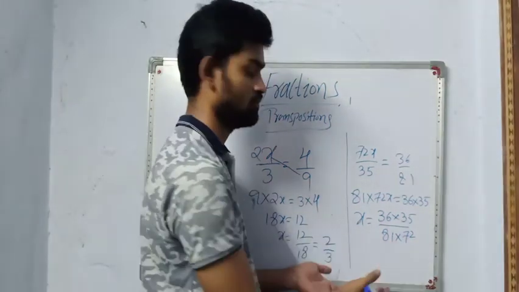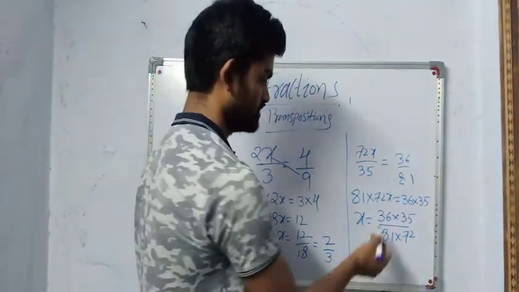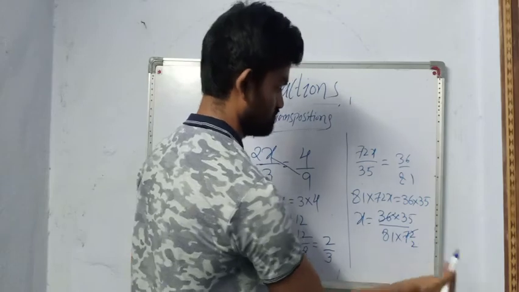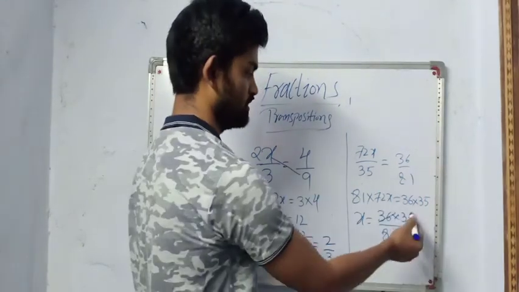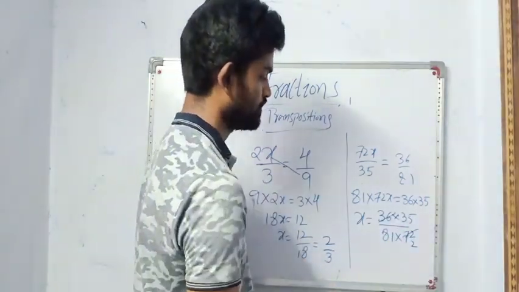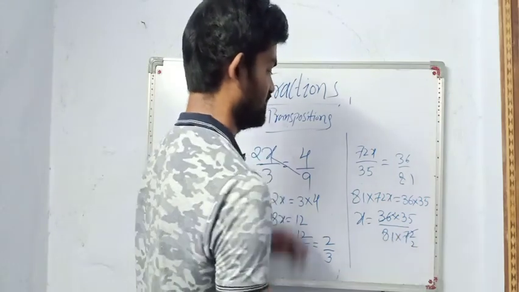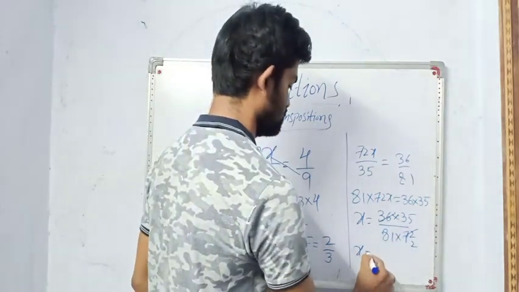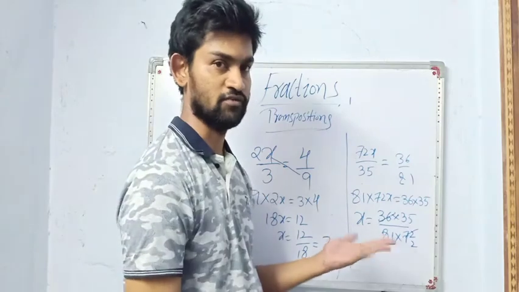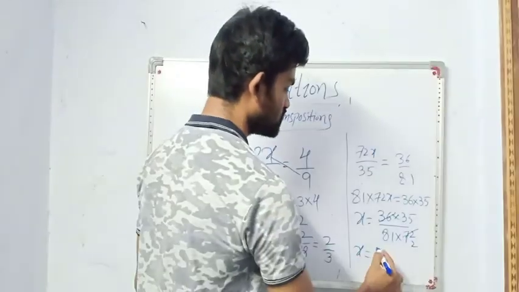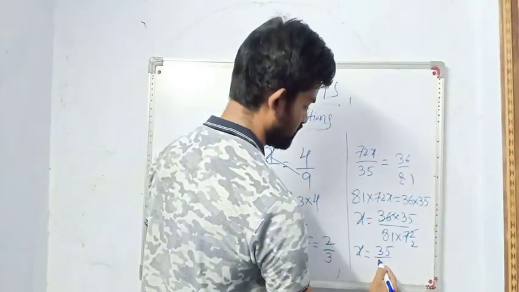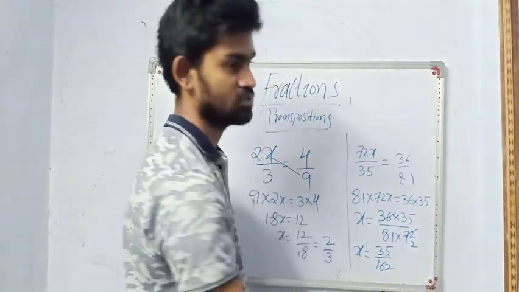Now this division becomes easy. See, 36 ones are 36, 36 twos are 72. Now you can divide 35 and 81 if they go in any table. If not, you can leave it. So now what we get is 35 by 162.